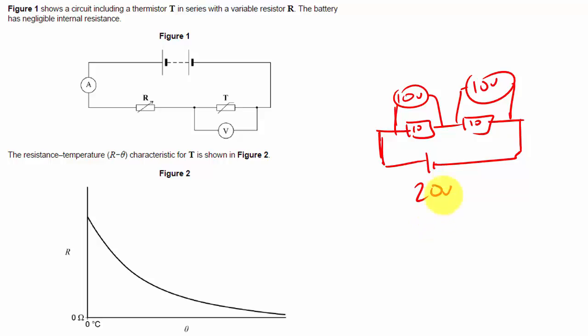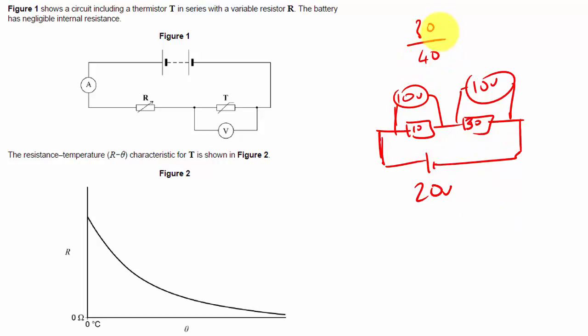If you make this resistor 30 ohms, then you get the voltages spread out in the same ratio as the resistances of the total resistance. So that 30 ohm resistance is 30 ohms out of a total resistance of 40 ohms.